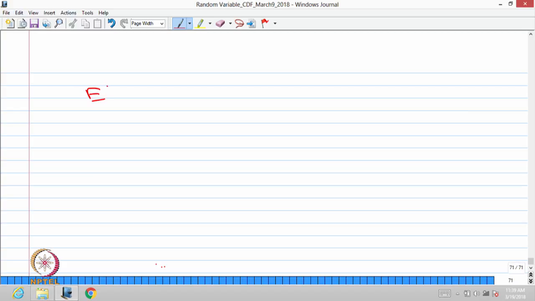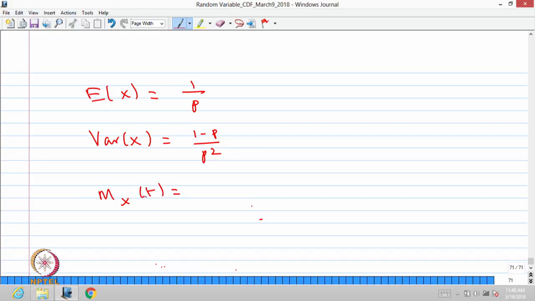The mean for the geometric distribution is going to be 1 divided by p, and the variance is going to be (1 minus p) divided by p square, and one can get the MGF of the geometric distribution, that is p times e power t divided by 1 minus p times e power t.